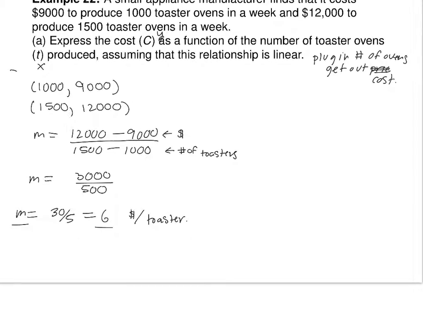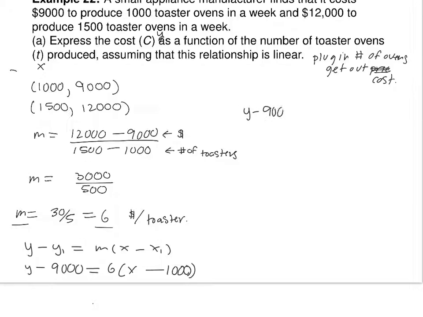Now, the equation of the line would be y minus y1 equals m times x minus x1. So let's pick the smaller point: y minus 9,000 equals 6 times x minus 1,000. So that's y minus 9,000 equals 6x minus 6,000, or y equals 6x plus 3,000, I think.